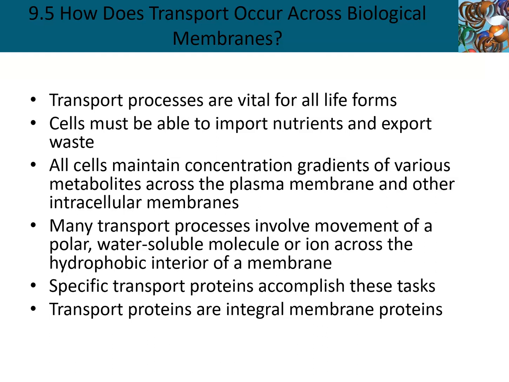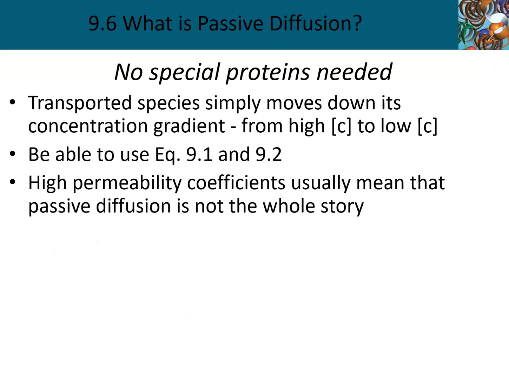So that can be movement of polar things, water-soluble things, water-insoluble things, ions with charge, things that are lipophilic. There's a whole lot of complexities to getting things from one side of the membrane to the other. And all this happens via, except for in pure diffusion, via transport proteins, which are integral membrane proteins.